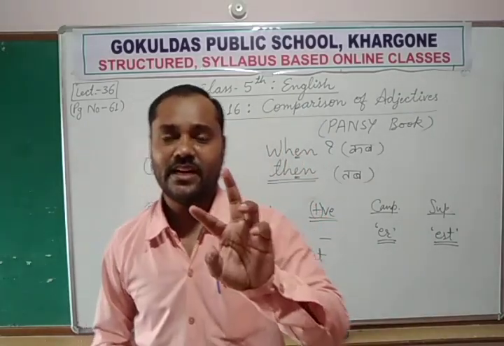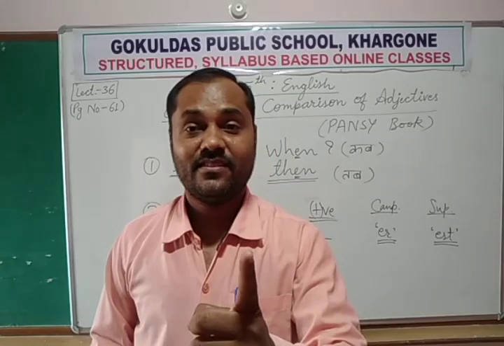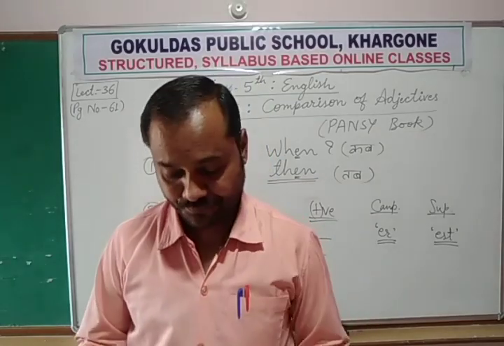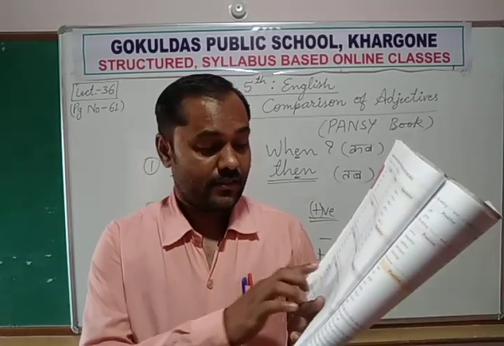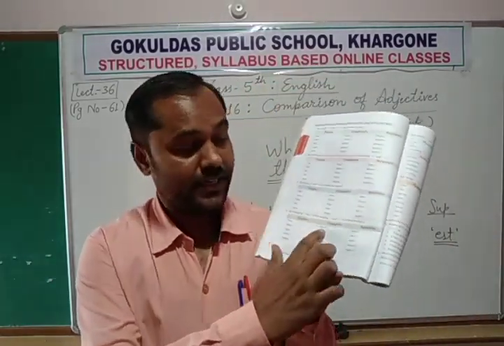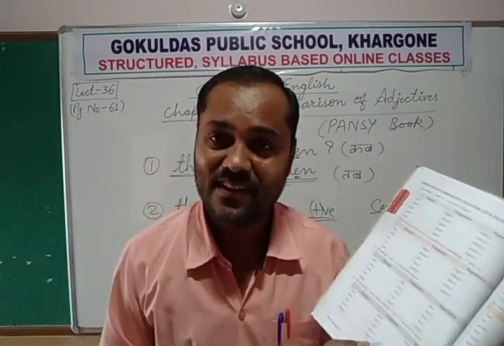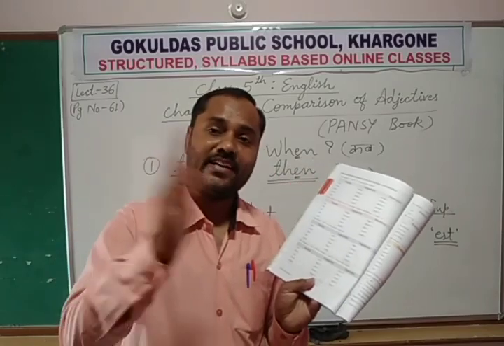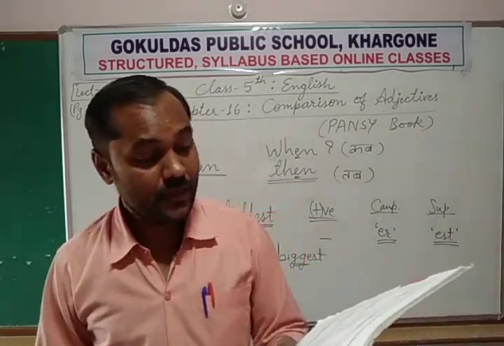One little change: y is removed and i is placed instead of y. Just like busy, in the spelling busy you will find y, but in busier and busiest you will not find y, because y is converted into i. So you need to remember this also.